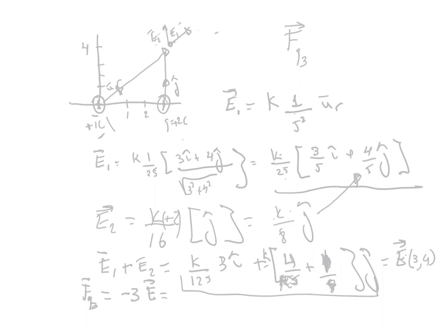Let me see if I made a mistake. E1 is K 1 divided by the distance squared, times U sub r. U sub r is 3i plus 4j divided by the magnitude. I don't know if I made a mistake from here to here.